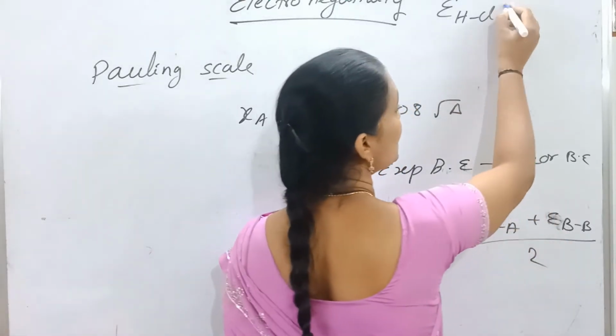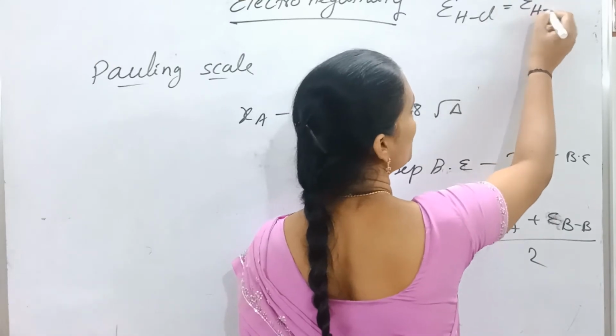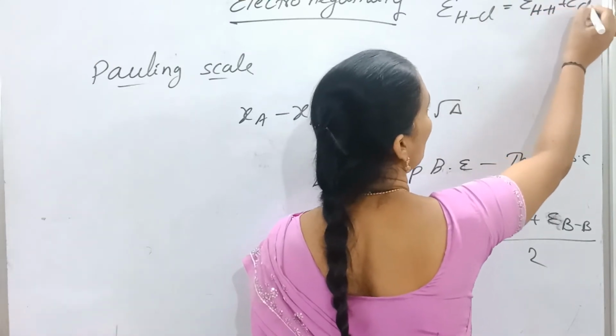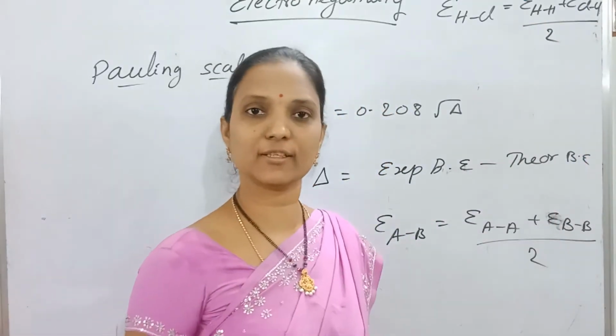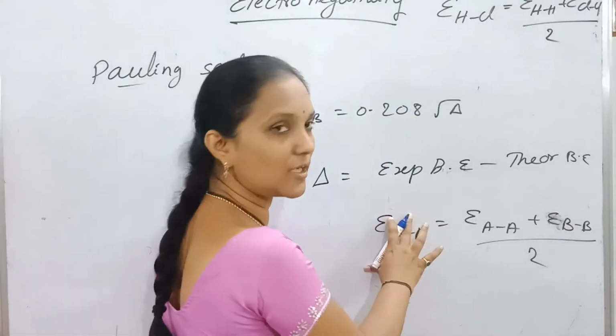For example, HCl bond energy is equal to HH bond energy plus ClCl bond energy by 2. Using this formula we can calculate the theoretical bond energy.